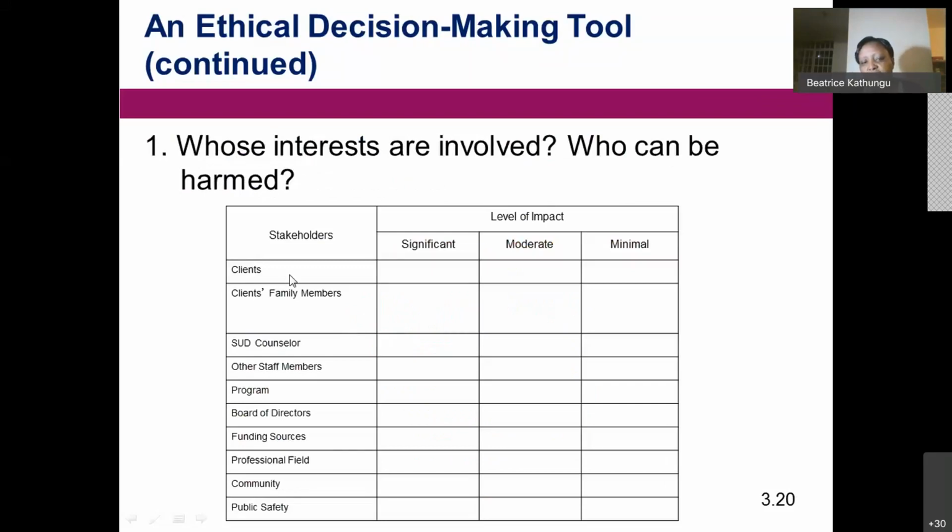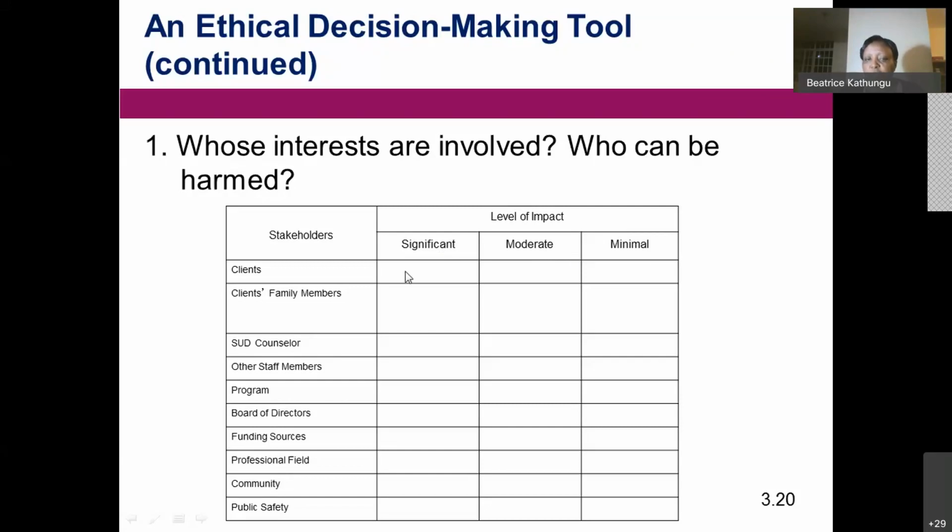For example, we have clients, we have their families, we have the counselor, we have our staff members, we have the program, we have the board of directors, we have the funding agency, we have the professional field, we have the general community, we have public safety. And for each of these, you're supposed to ask, this decision I'm about to make, this situation I'm in, who is it that can be harmed? And what is the level of harm that can happen?